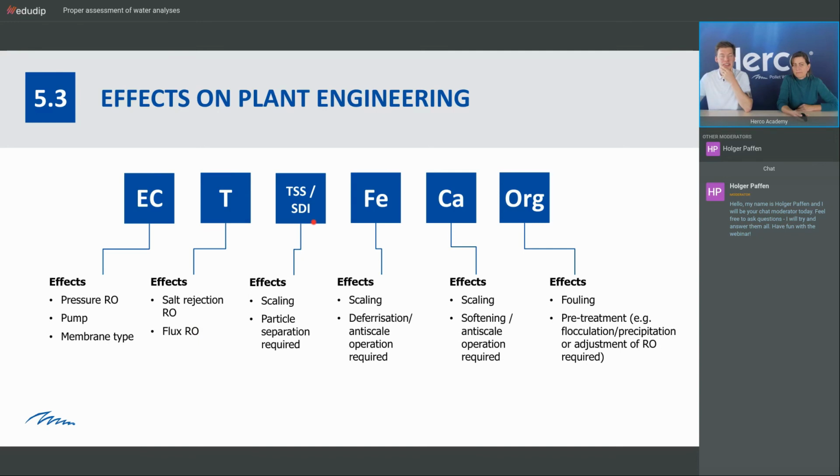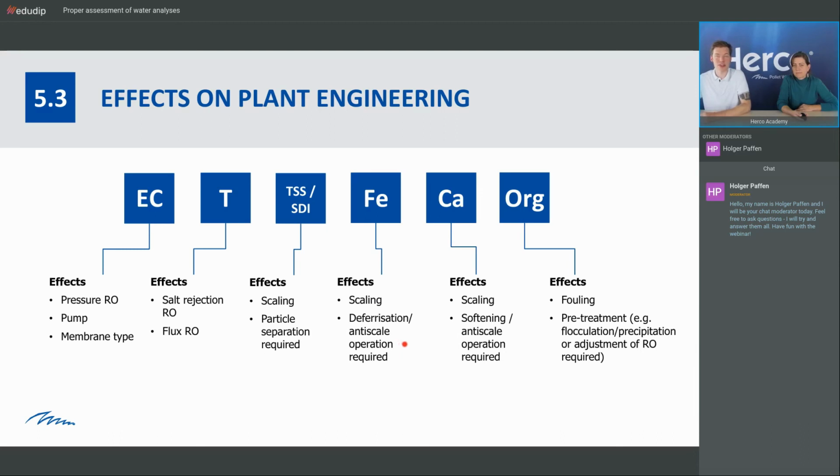The silt density index has effects on scaling. Again, pressure of the RO. If we have scaled ions there, then we need a higher pressure, and the particle separation is required. For iron, again, we have scaling, which leads to a higher pressure on the reverse osmosis, which means it is blocked later or earlier.